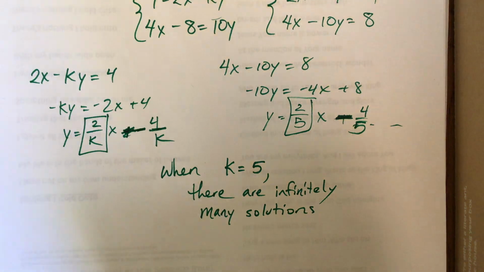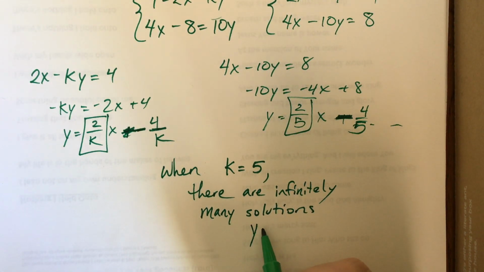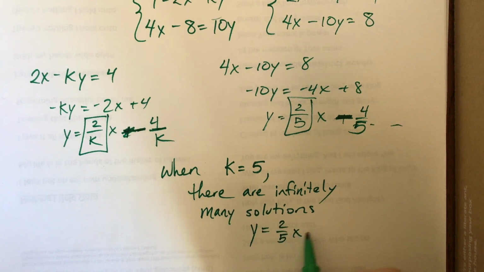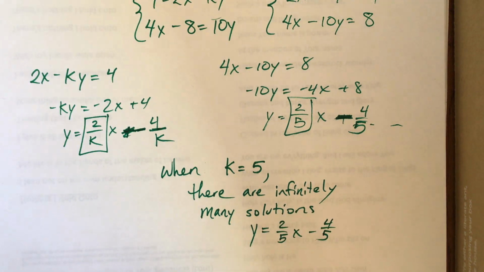As we move forward in IB, especially in HL, we want to know what those infinitely many solutions are. They are the line y equals 2/5 x minus 4/5, so it's all the points on that line that make up the solution. This seems kind of silly at this point, but once you get into 3 dimensions, it'll make more sense.